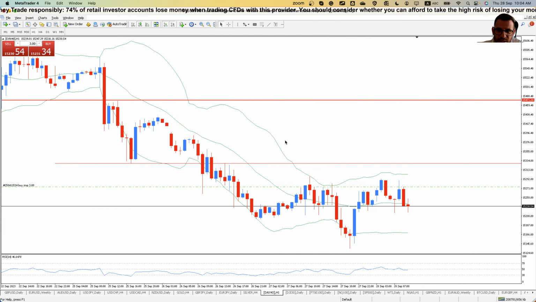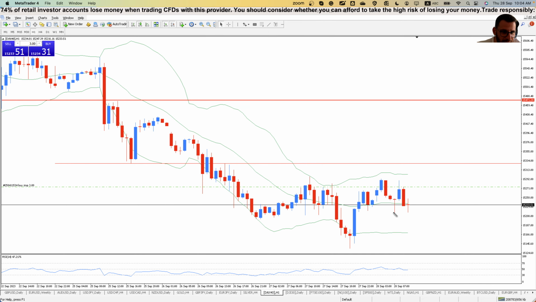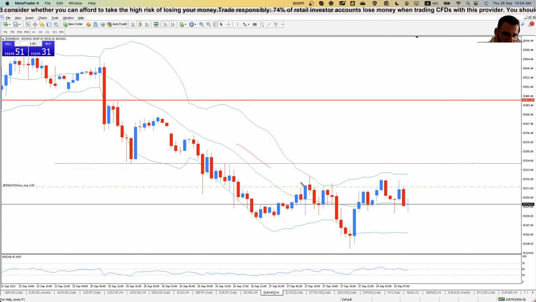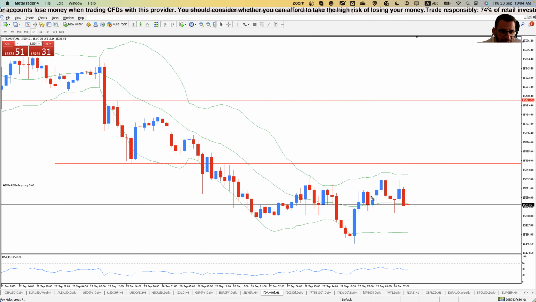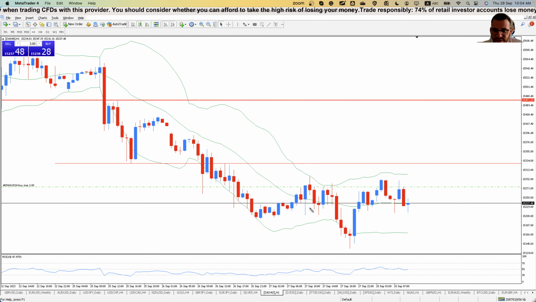See guys, what I explained to you about the intraday, the hourly support, or even any intraday. Because the market is not in a fresh, strong directional move, and there is a balance between buyers and sellers, an intraday support has to be taken into consideration.